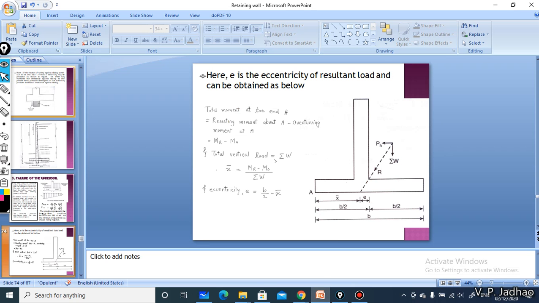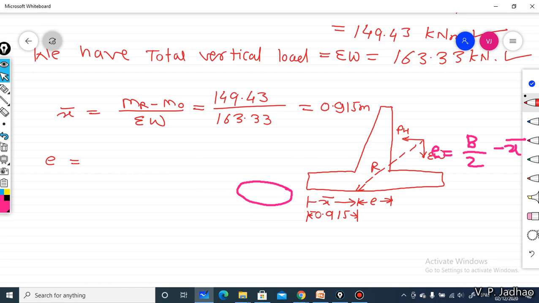Then we can calculate the value of eccentricity. E is given by this particular formula: E is equal to capital B by 2 minus x bar, not x square, it should be x bar. So we use this formula for calculating the eccentricity.